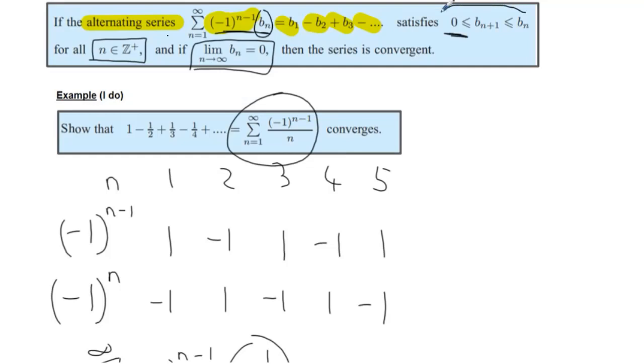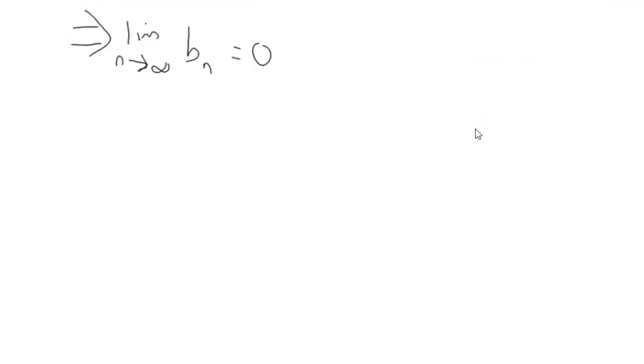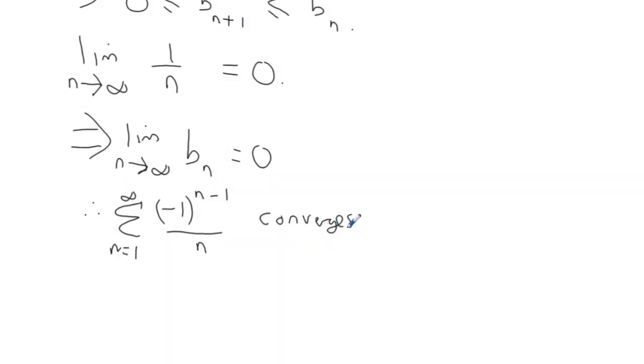We've shown this to be true, and we have shown this to be true. And we knew that it was an alternating series. So now, by the alternating series test, this series is convergent. Therefore, the sum from n equals 1 to infinity of minus 1 to the power n minus 1 over n converges. And the reason why we know this is the alternating series test.